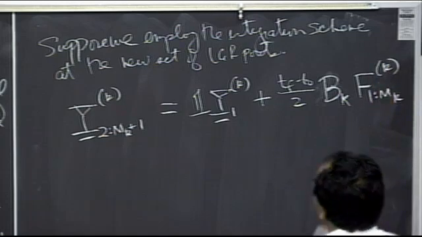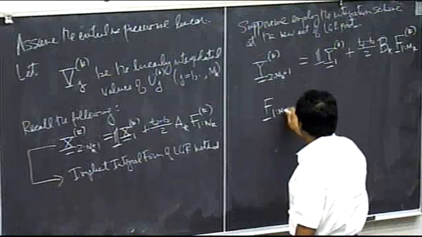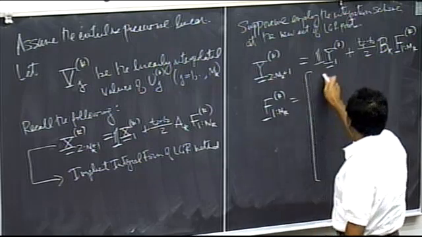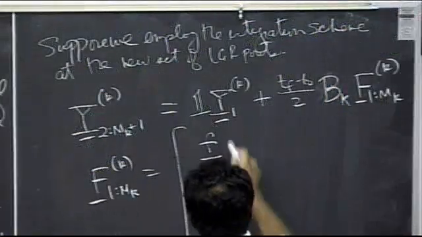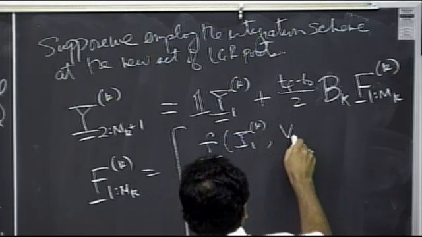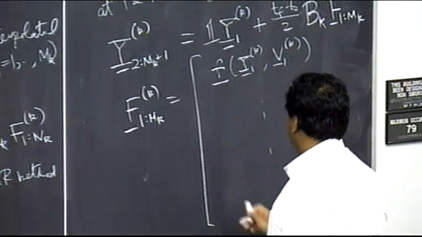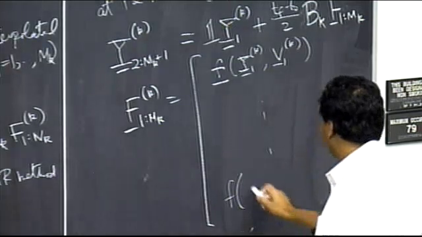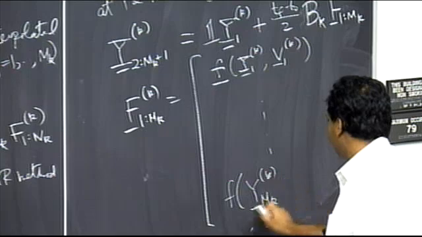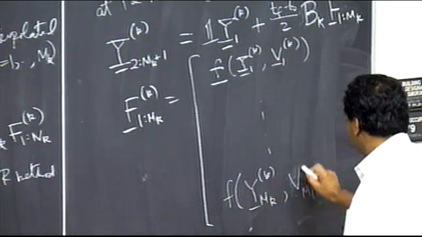Where this right here, f 1 colon m sub k, is equal to the right-hand side f evaluated at y 1 and v 1 all the way down to f evaluated at y sub m sub k, v sub m sub k.